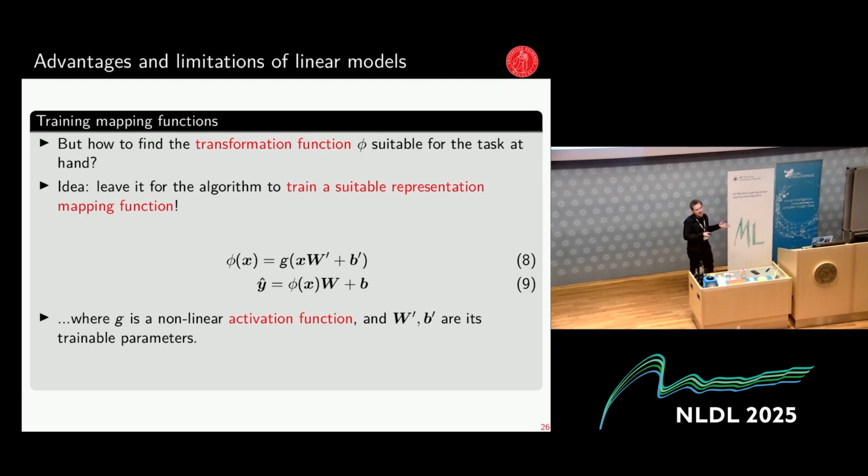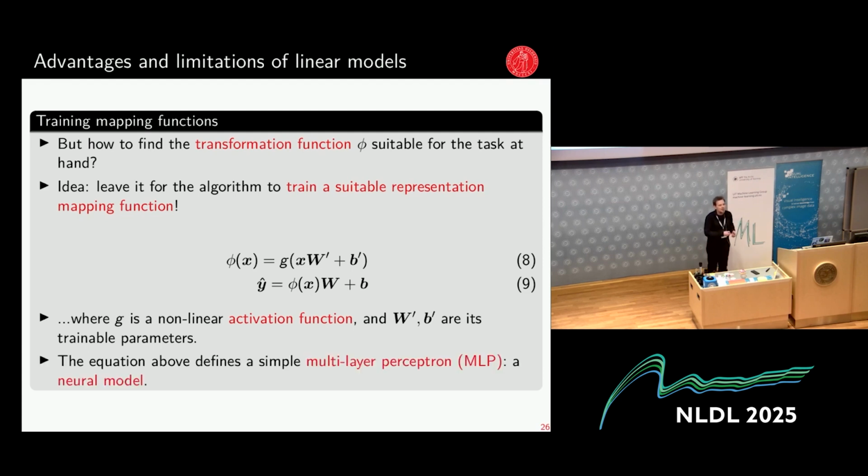And this is done using multiple layers, which I will cover later, and nonlinear activation functions. So this is basically the idea behind deep neural networks, right? We want a model to learn which transformations to apply to the data, and the transformations themselves are also learnable parameters.